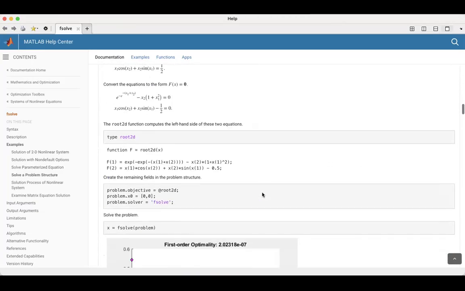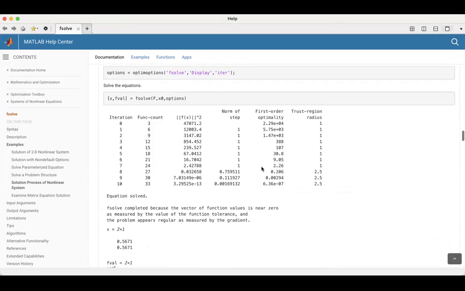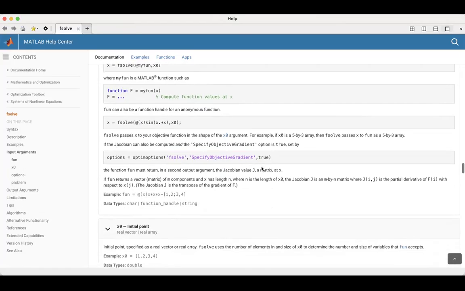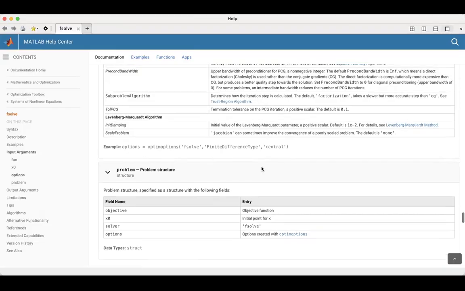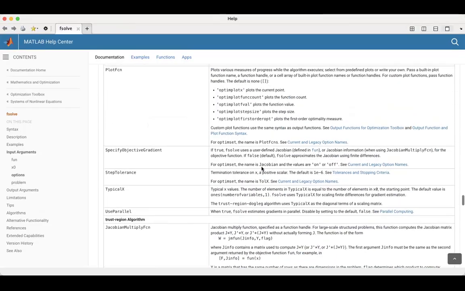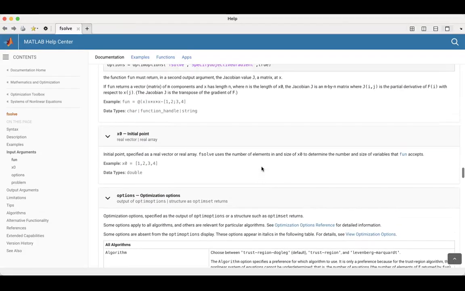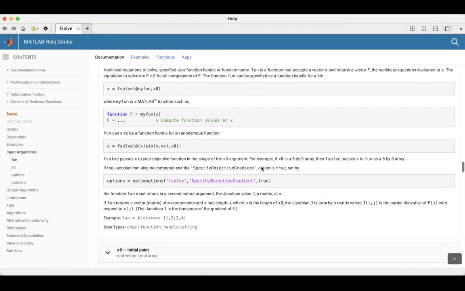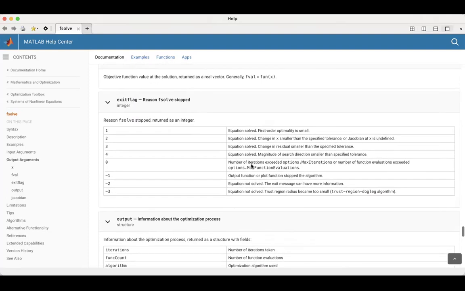Here, if you go down, instead of display off, if I use display iter, then it will print the different iterations, the function value and everything. So that is another option that you can enter. Now coming to the exit flags, I hope it is here somewhere. Yeah, these are the exit flags.